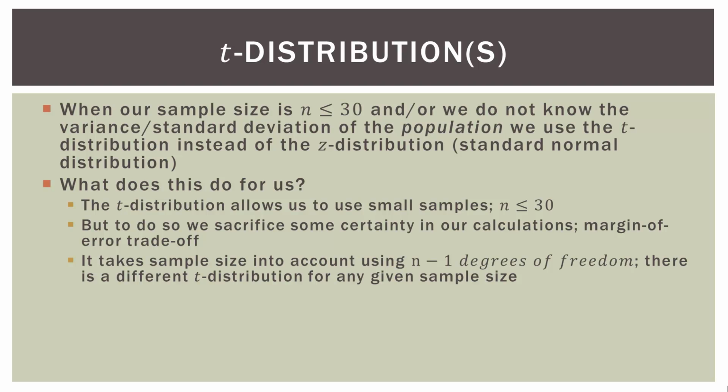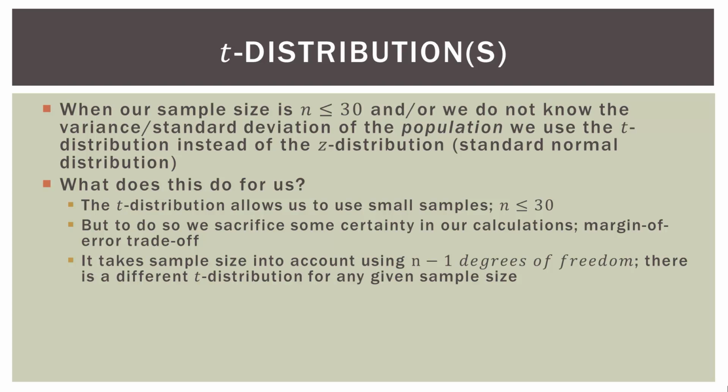Now the cool thing about the t-distribution is that it takes our sample size into account. It's dynamic. So we use this concept called degrees of freedom, which I will say a little bit about at the end. But if our sample size is 20, we use 19 degrees of freedom. I'm sure you've probably seen that in your work up to this point, and we'll talk about what that means in a second.